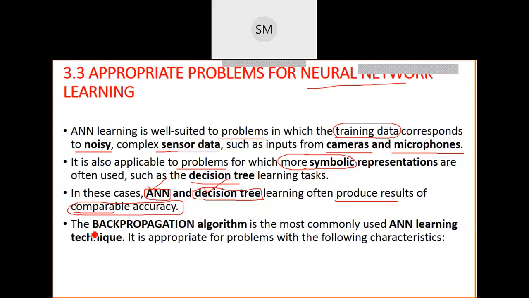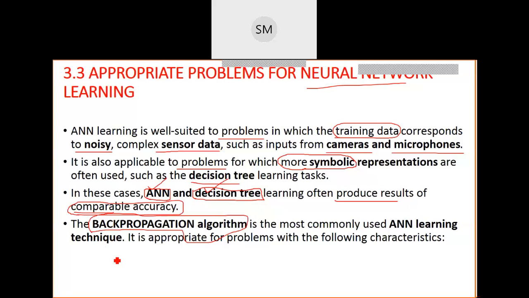To learn these artificial neural networks, we are going to use one very important algorithm called the back propagation algorithm. Why it is named back propagation, I will tell you in the next topic when I discuss the algorithm.